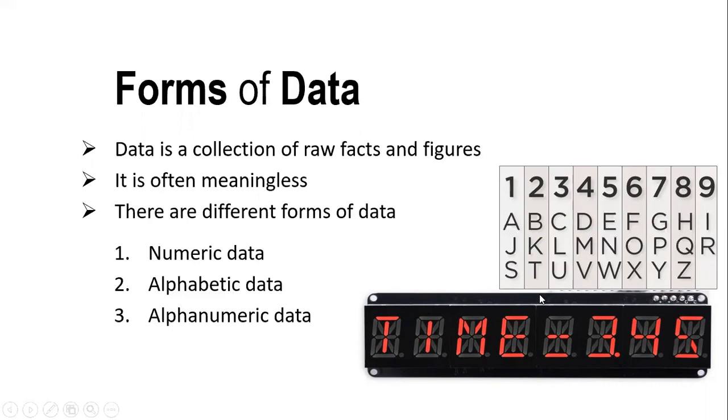Because it has symbols in it. There are many symbols given on the keyboard, such as decimals, commas, colons, equal sign, percentage, different functions, and many others. They all together come under alphanumeric data.